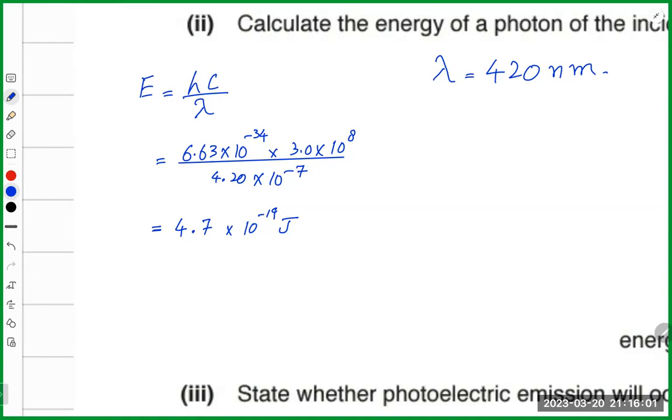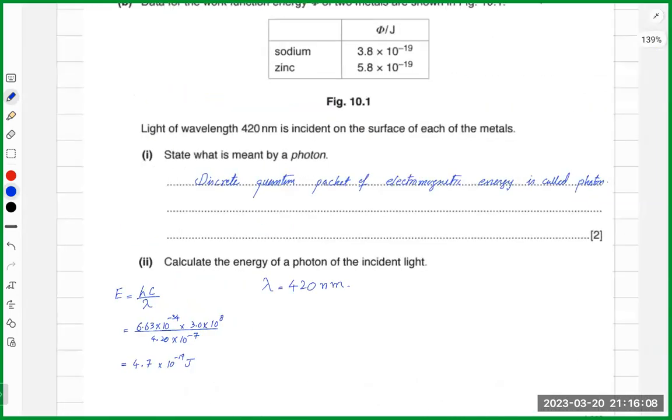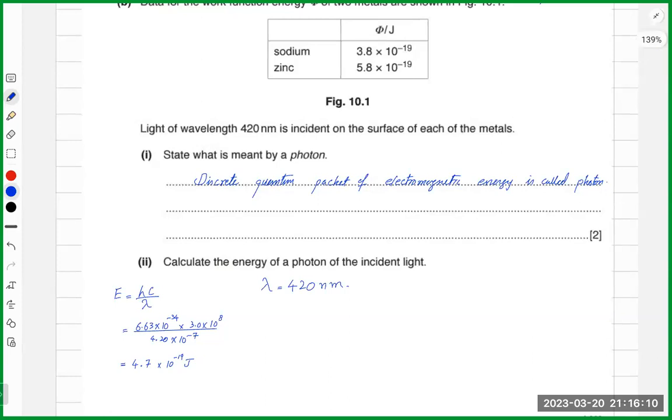So this photon's energy is 4.7 into 10 to the power minus 19.